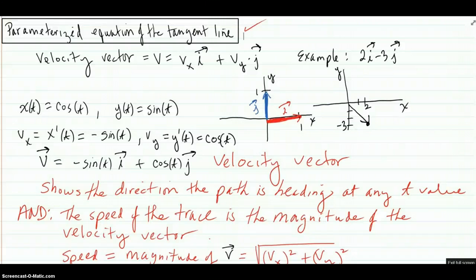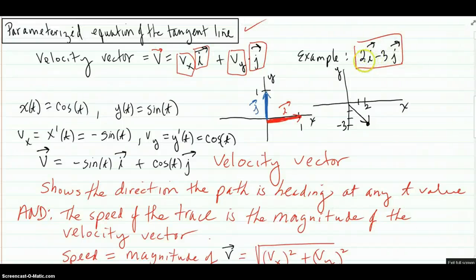So the velocity vector, which we put a little arrow over, is the x component times a unit vector in the x direction, which is called i, and the y component of the velocity vector times a unit vector in the y direction, which we use j for. So for example, where is the vector 2i minus 3j?